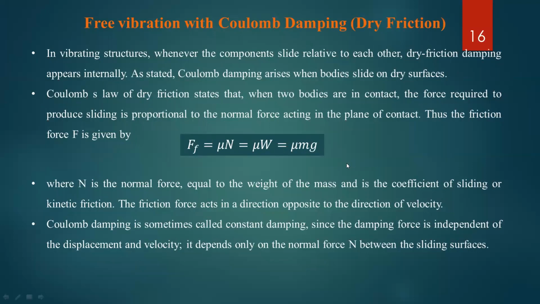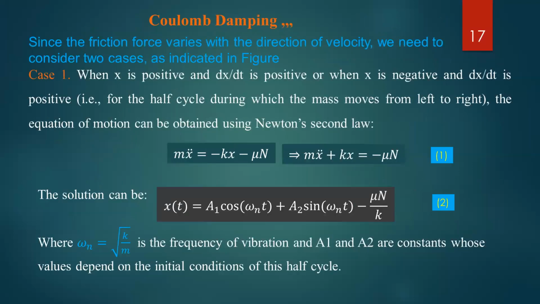Coulomb damping is sometimes called constant damping, since the damping force is independent of the velocity and depends only on the friction coefficient mu. Okay, so we have two cases. One case is when the object is moving to the right, and the second case is when the object is moving to the left.